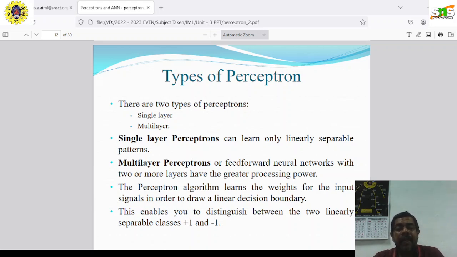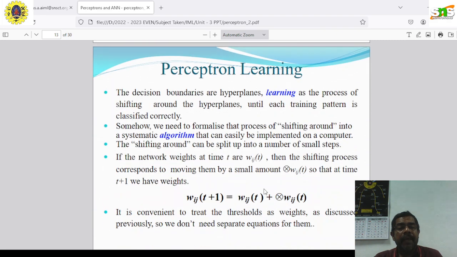In the same way, in the perceptron we have to compute the weights along with the input signal in order to define the linear decision boundary. This gives two linearly separable classes: the positive component, and the other one, the negative component. Now we have to see perceptron learning.